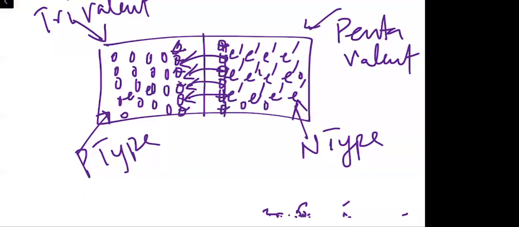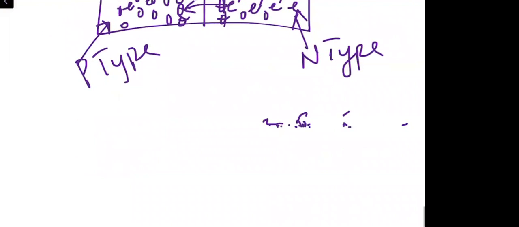So due to that, what is happening? Whenever this situation takes place, we have a situation something like this.